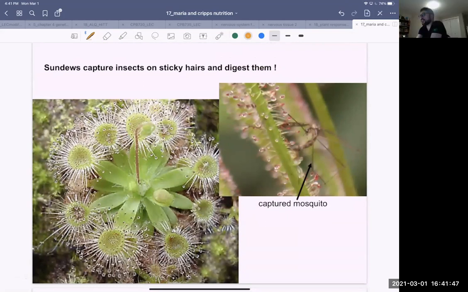And sorry, one more time. Before, I think you mentioned that carnivorous plants are carnivorous because they need the nitrogen, and the only way they can get it is through other organisms. Is that right?